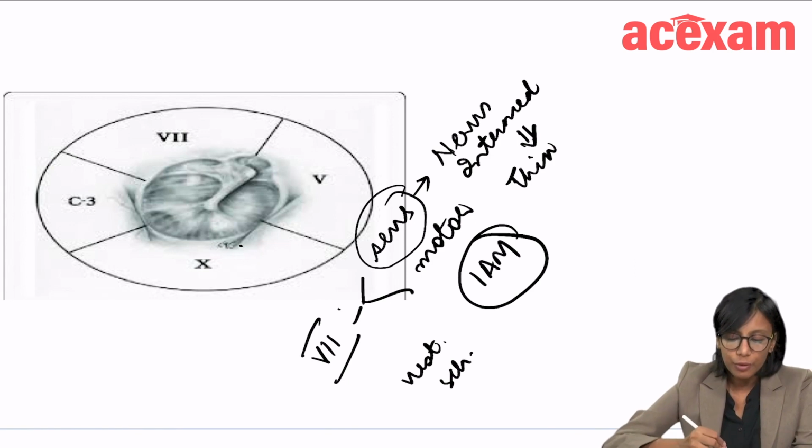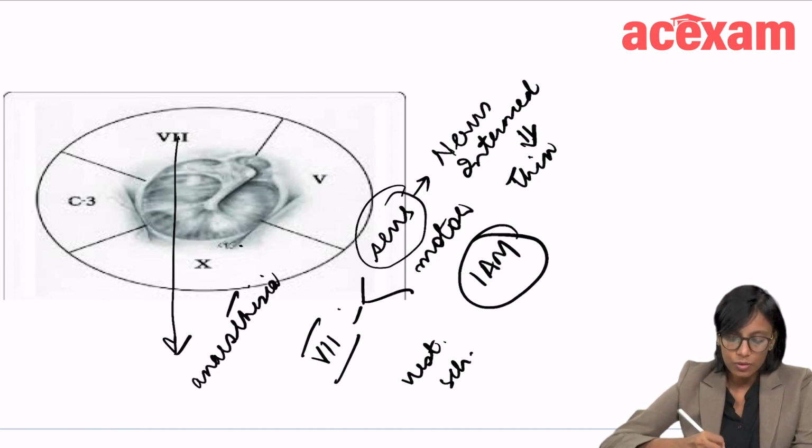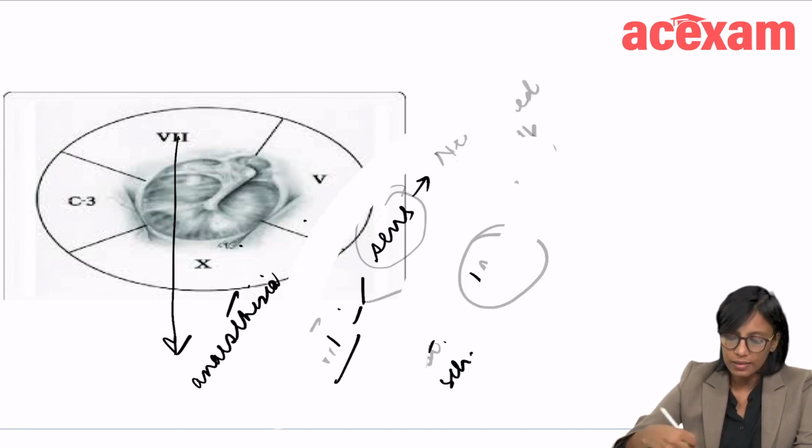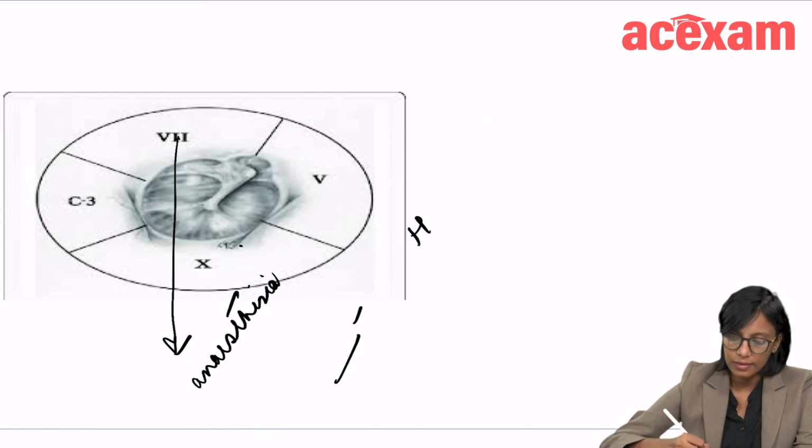So if you test this area, you touch this area, and if there is anesthesia here, this sign is called Hitzelberger sign.